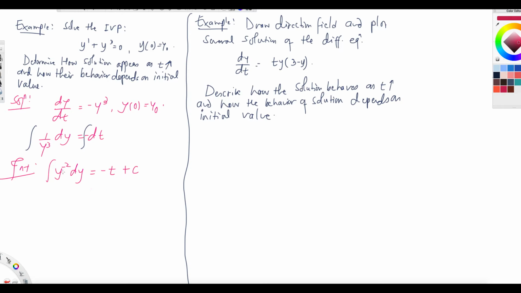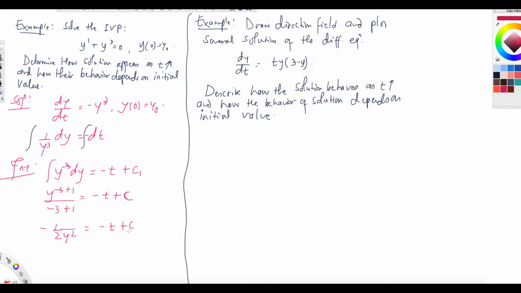The integral of y to the negative 3 is y to the negative 2 over negative 2. The constants of integration from both sides I combine into one c. So what you get is negative 1 over 2y squared equals negative t plus c.